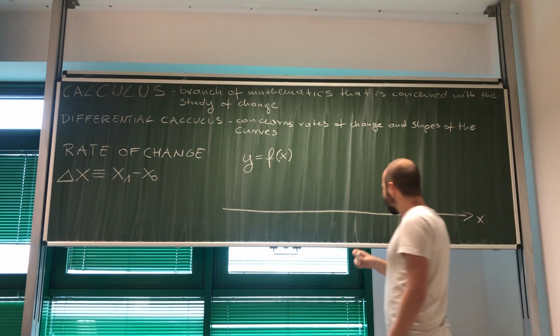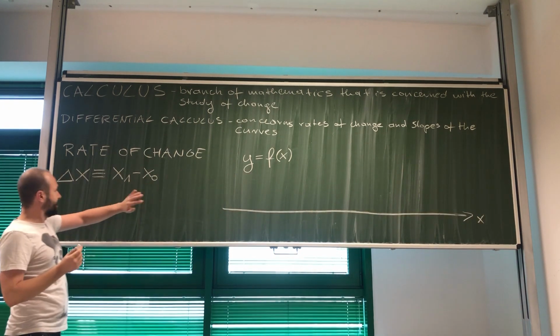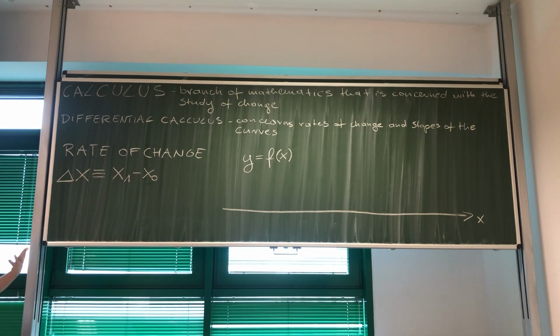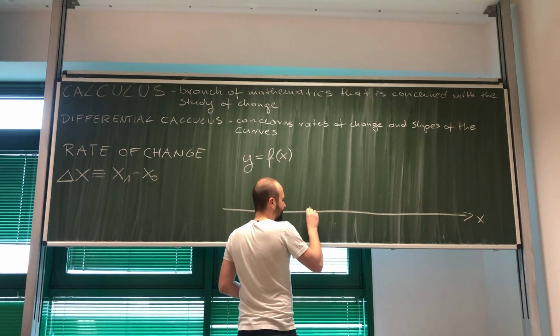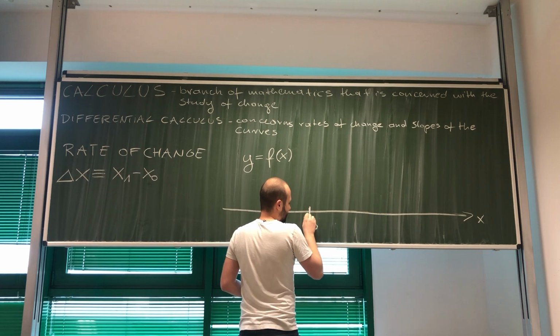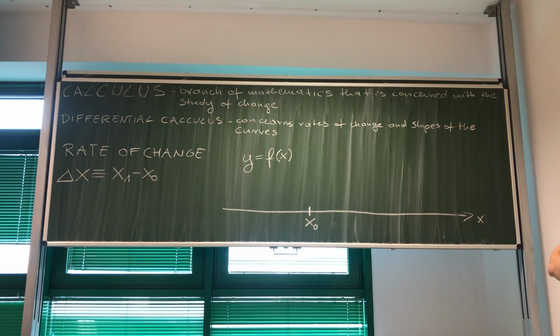So, delta x is defined as x1 minus x0. How do we see it in the context of change? It means that at the beginning, the value of x was equal to some specific number x0.